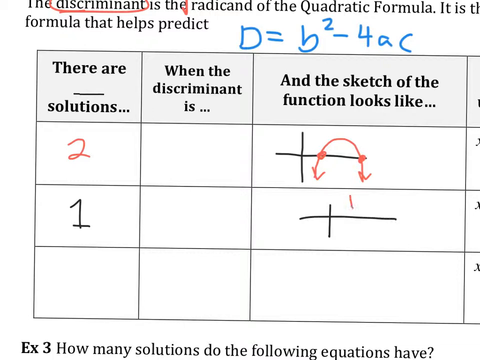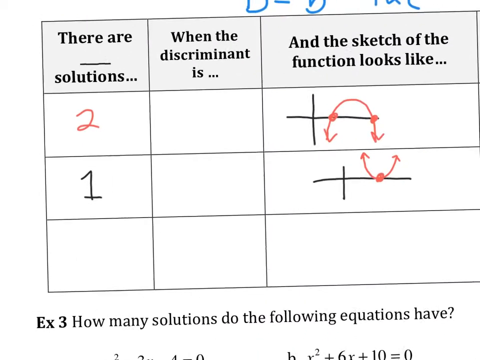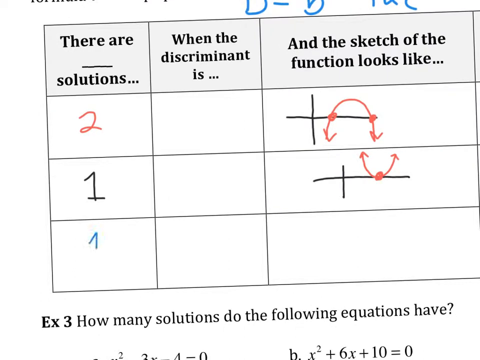And again, the quadratic parabola could be opening up or opening down, it doesn't matter. But here we see it, the function parabola intersects at 1 point on the x-axis. And of course, our last option here should say 0, or sometimes says no real solution.